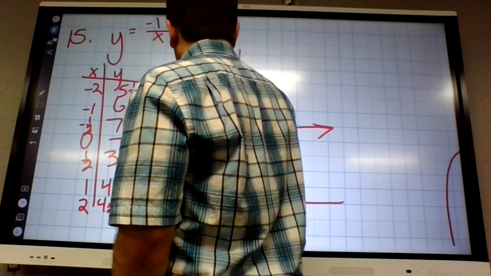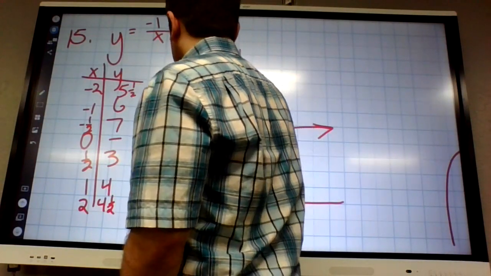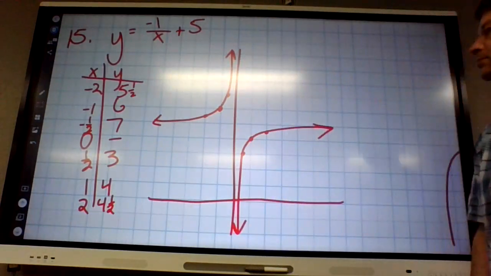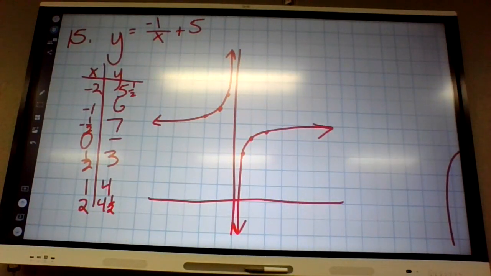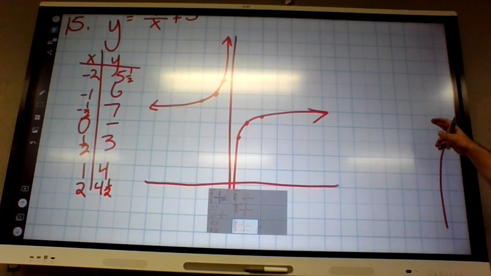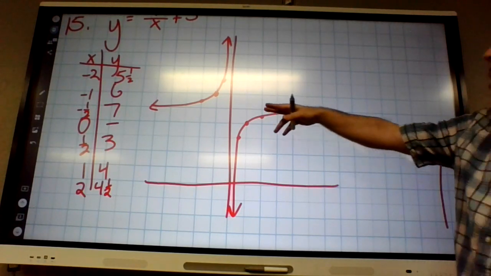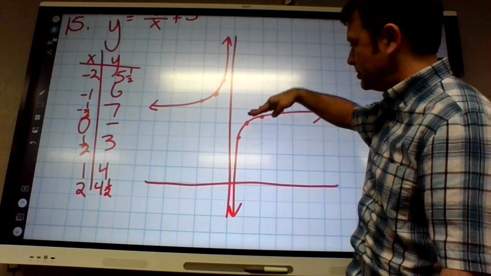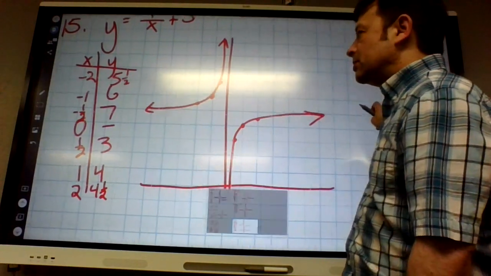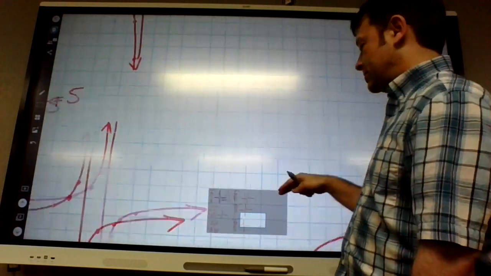Hard to get it just right. So the graph has moved up 5 and it's vertically flipped because this one is usually on the bottom and this one's usually on the top.